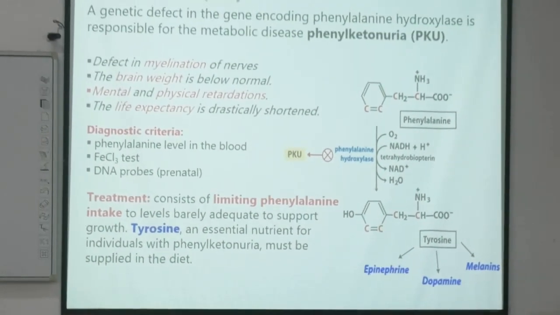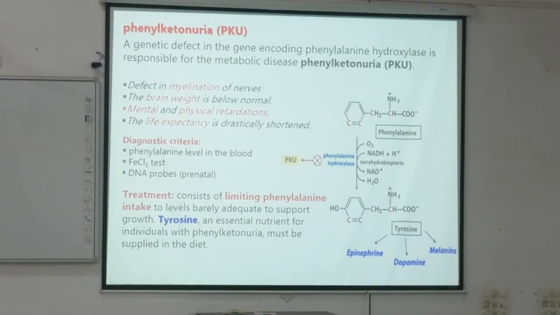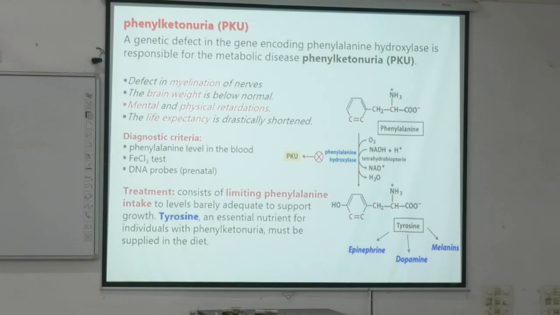Then we have phenylketonuria. It is a genetic defect in the gene coding for the enzyme phenylalanine hydroxylase.